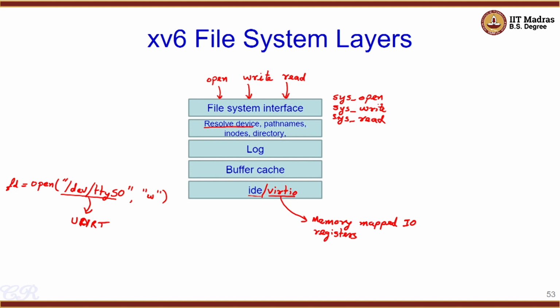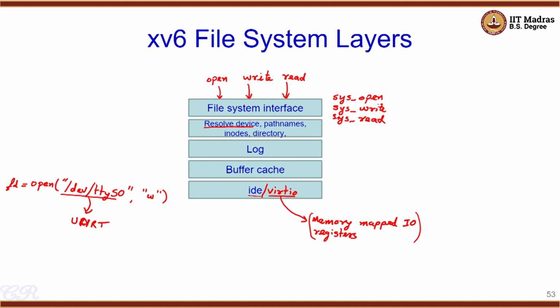So the lowest level, the virtio and IDE, are the device drivers, which use the memory mapped IO registers present in the peripheral, in this case the virtio hard disk or the IDE hard disk, to communicate with the hard disk, to set up interrupts, to ensure the transfer of blocks of data from the hard disk into the main memory, and so on.